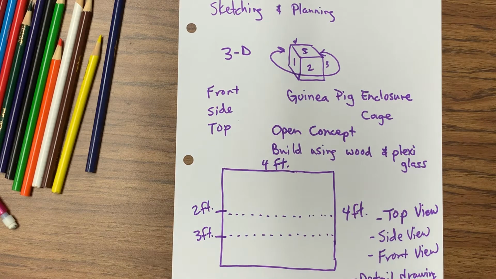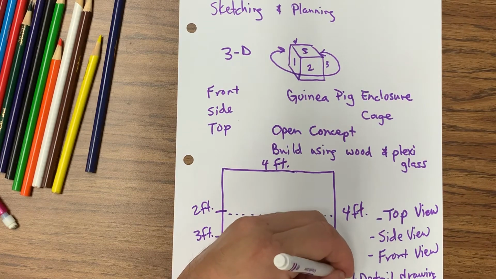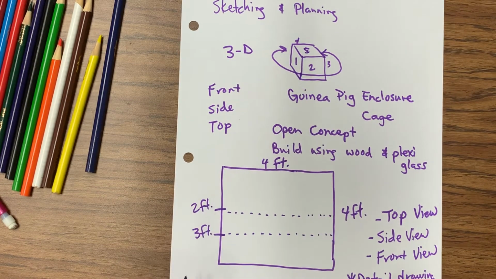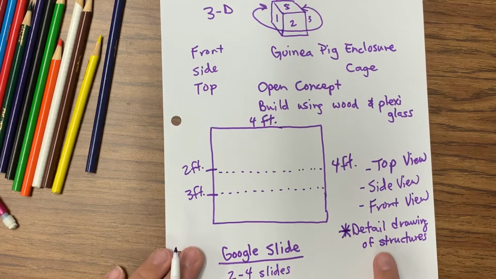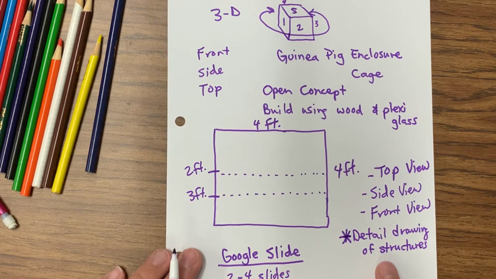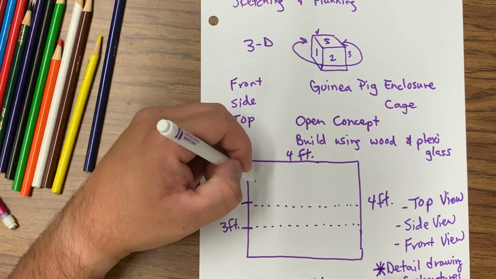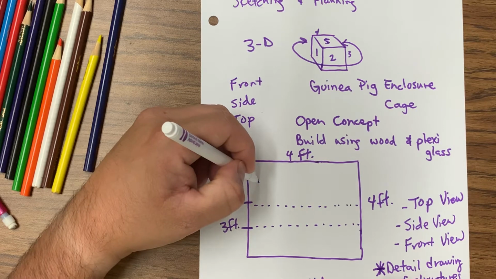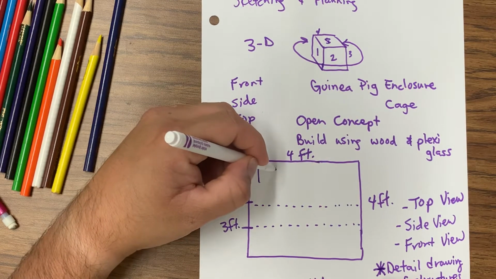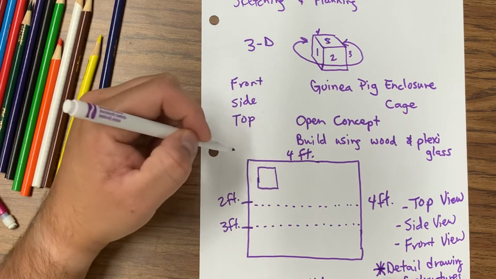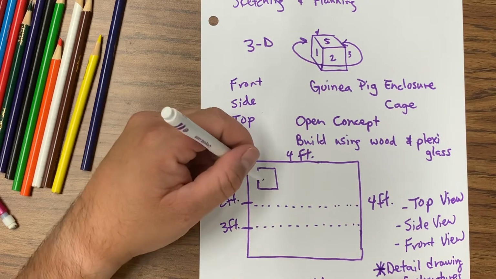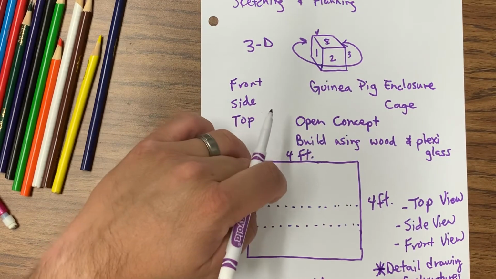slides. Like I said, one of the things that is going to be very important is whatever structures you want to put inside of this, a detailed drawing of that structure. Because let's say back here in this corner, I want to build a little house. Well, if I'm drawing from a top view, what is this going to look like?